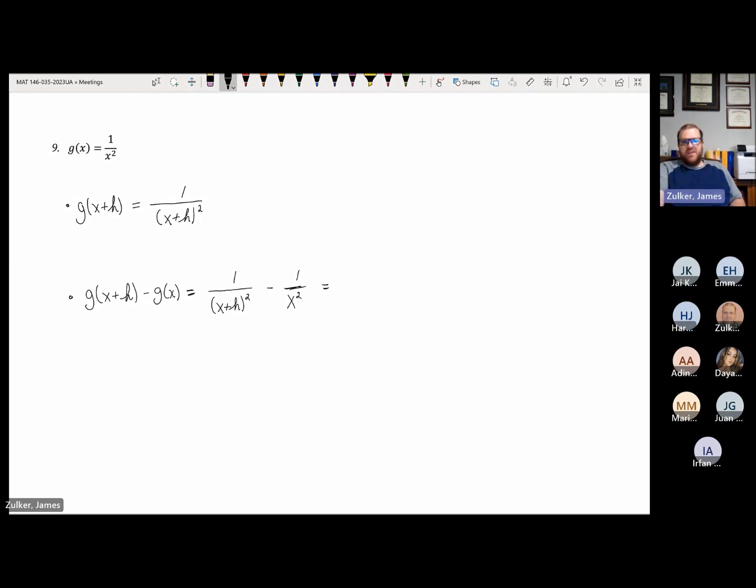More specifically, you need the least common denominator, right? The LCD. In this case, the LCD is the product of the denominators, x squared times x plus h quantity squared.